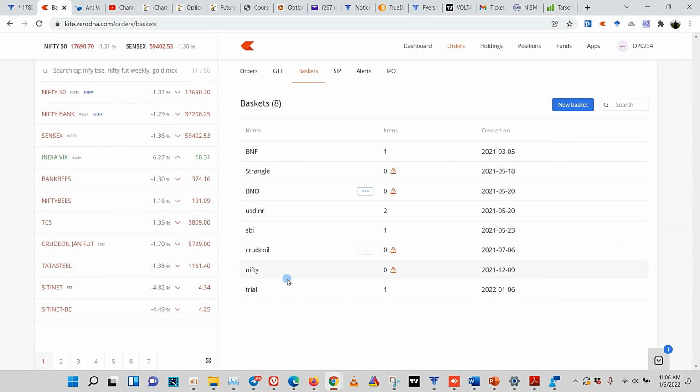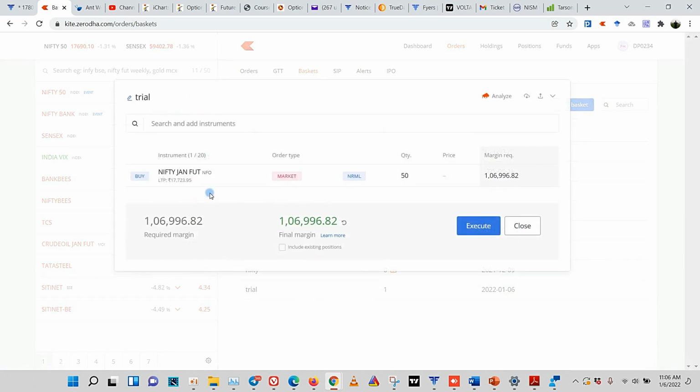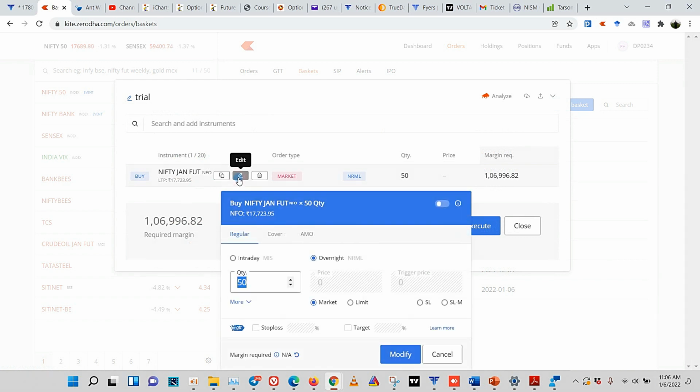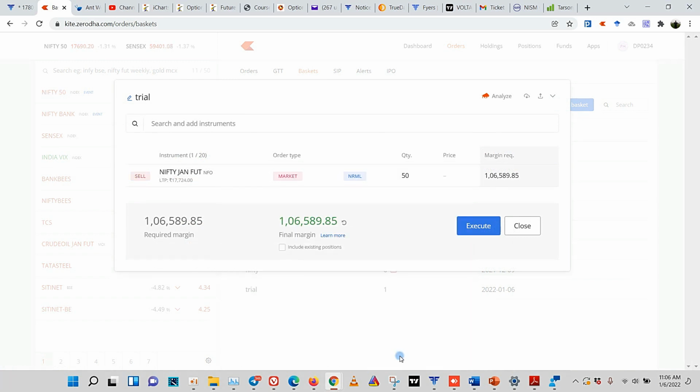This was for long position. Now let us see for short position. Instead of buy, we modify it to sell, and margin required is 1,06,000. Now there are two possible ways of hedging this. One is by going long in call.